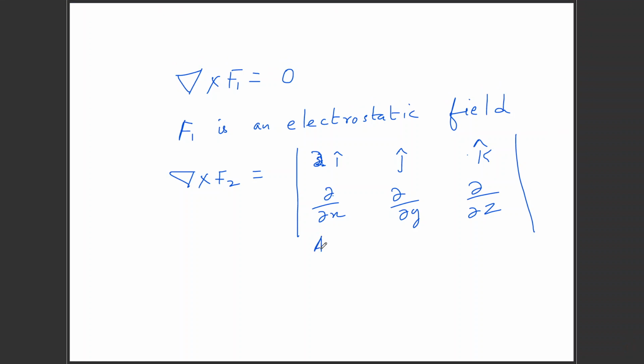This is ay and this is minus ax, and there is no z component, so that is 0.